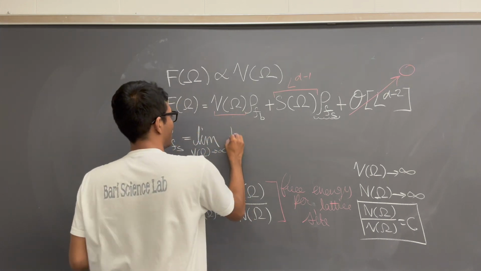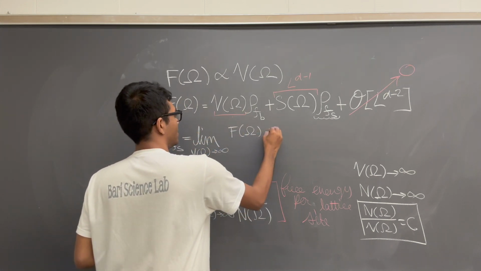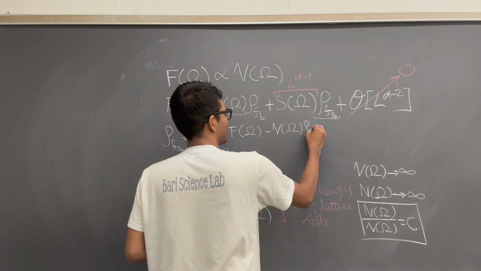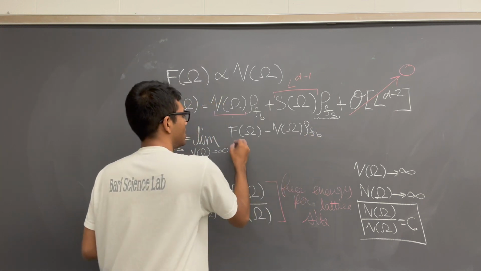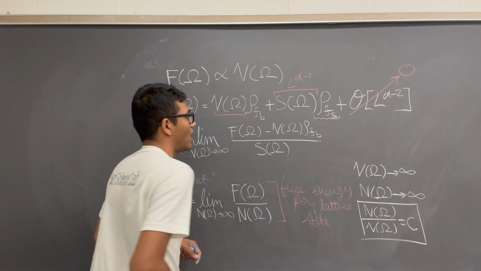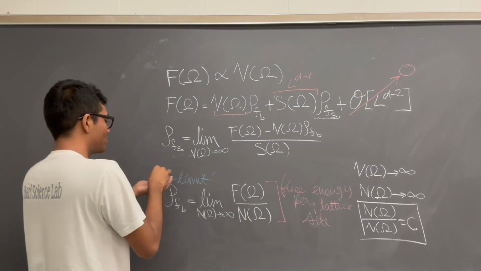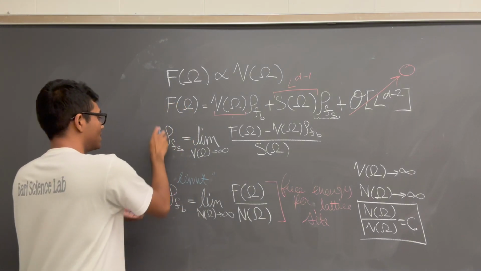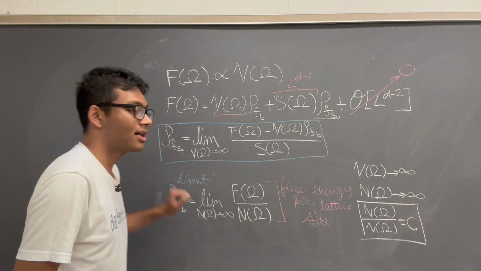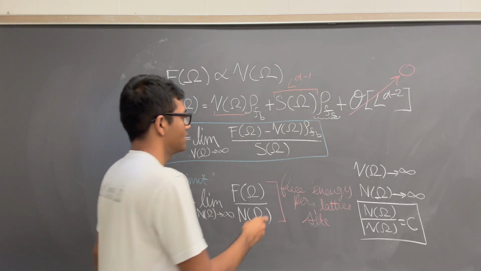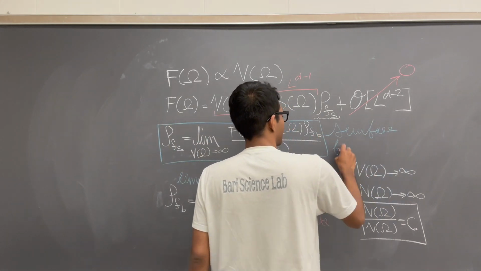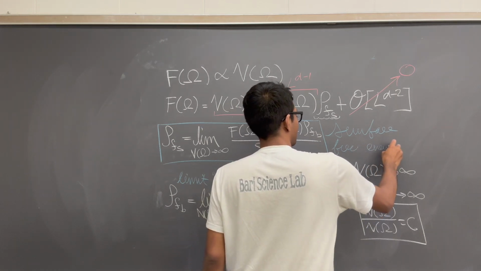And then we have F of lambda, the total free energy, minus the volume of our system times the density of the bulk free energy, divided by the surface of our system. Okay, so this right here is how we calculate the surface free energy. Okay, this is the surface free energy density.